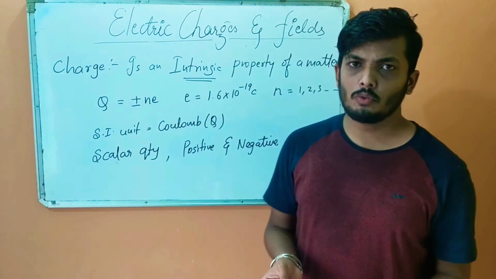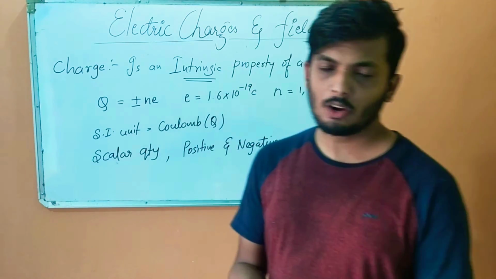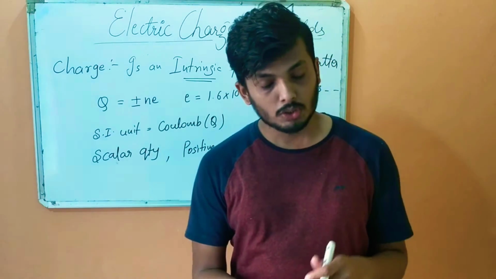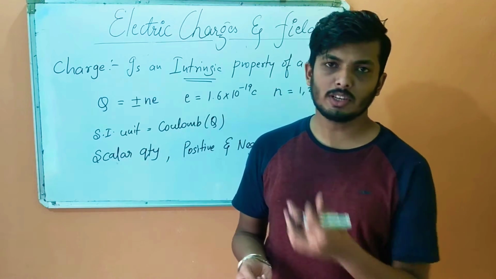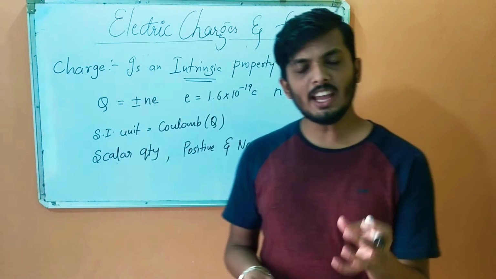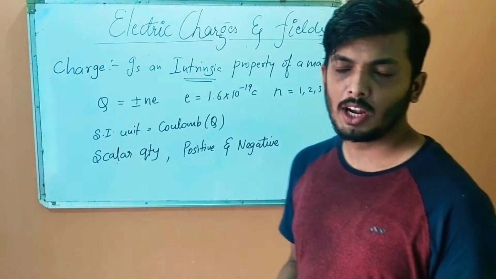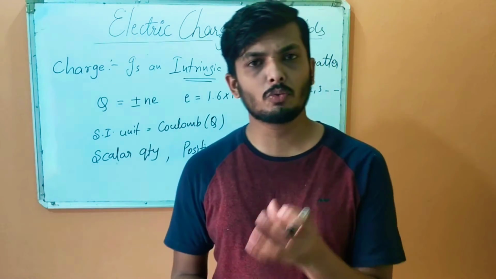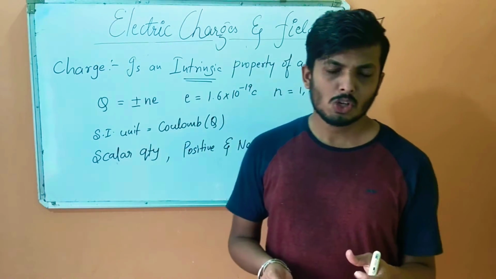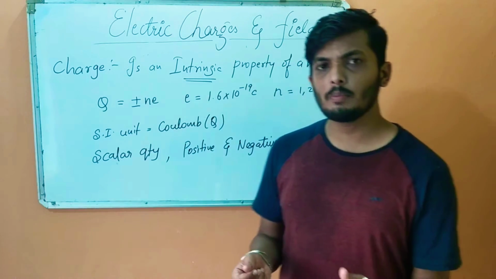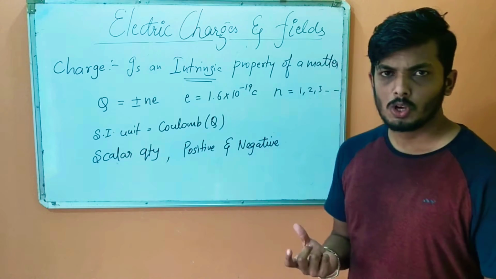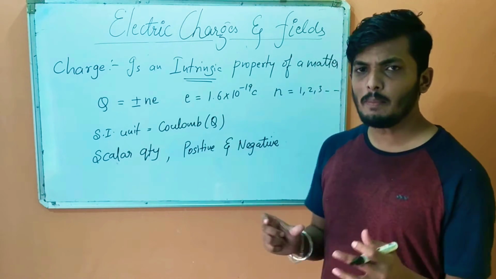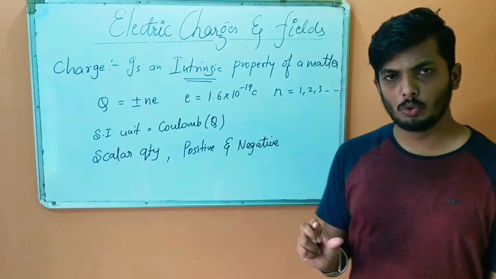An atom consists of protons and electrons, along with neutrons. A proton is positively charged, whereas an electron is negatively charged. In any atom, the number of protons is always equal to the number of electrons, so the net charge of an atom becomes zero. So in general, any matter will be electrically neutral.